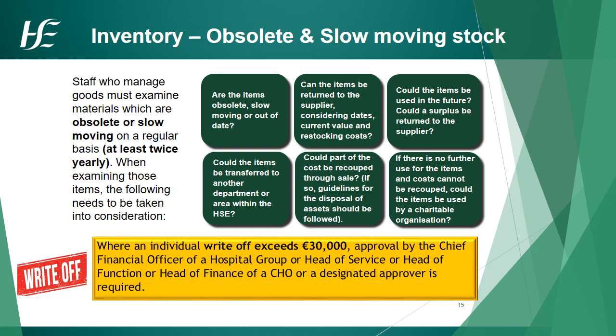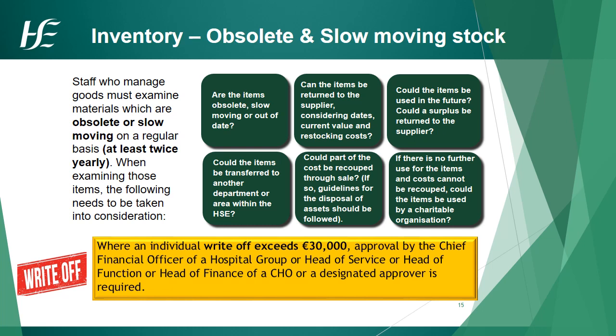Would another department have use for the item? Could it be transferred to another area of the HSE? Could the items be resold to recoup some of the value? If this is an option, you may need to follow the disposal guidance for assets in NFR B7, Property and Equipment.